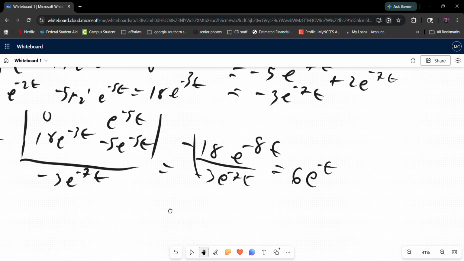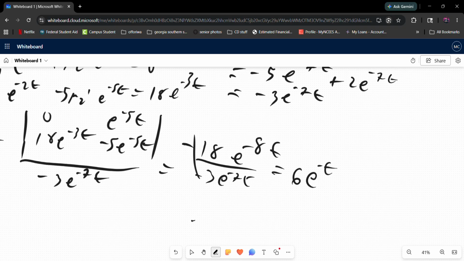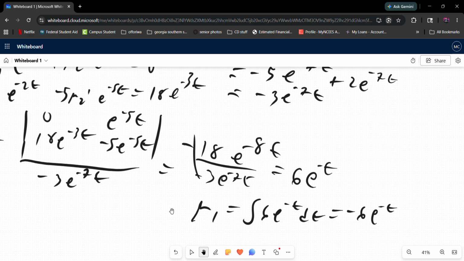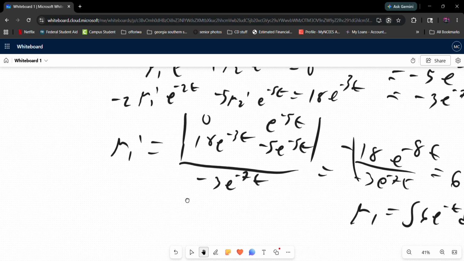And now we just integrate that to get mu1. So mu1 is going to be the integral of 6 e to the negative t dt. So we end up with negative 6 e to the negative t. Alright, so that's the first thing.